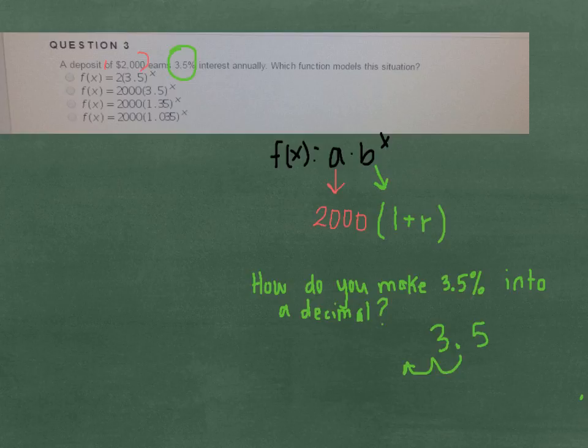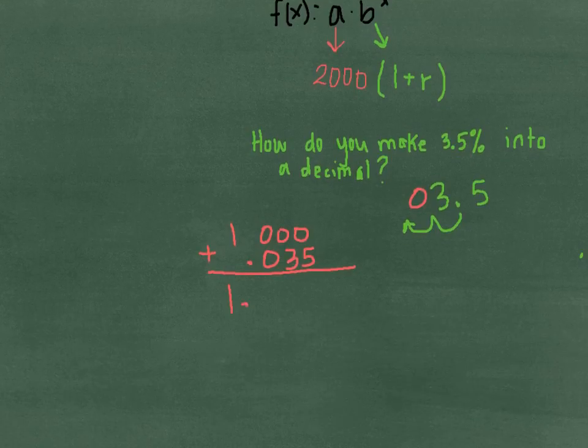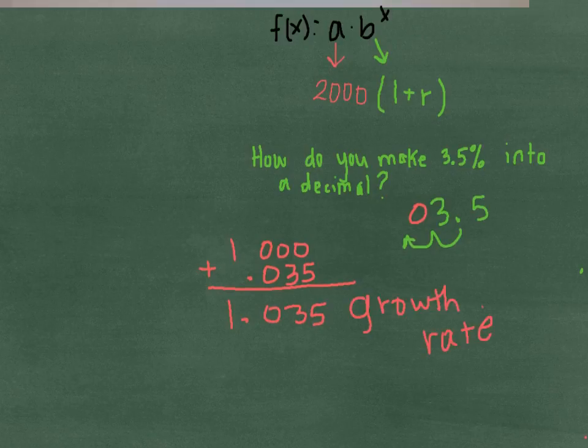The answer then becomes that 3.5% is really 0.035. If I add up 1 plus 0.035, just think about adding it like if it was money. What's $1 plus 0.035? $1 plus 3 cents, or 3/5 of a cent. You just put it all together, and the answer becomes 1.035. And this is our growth rate. Okay, so our growth rate is 1.035.